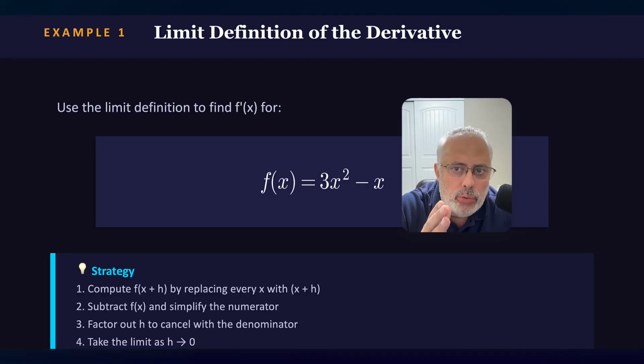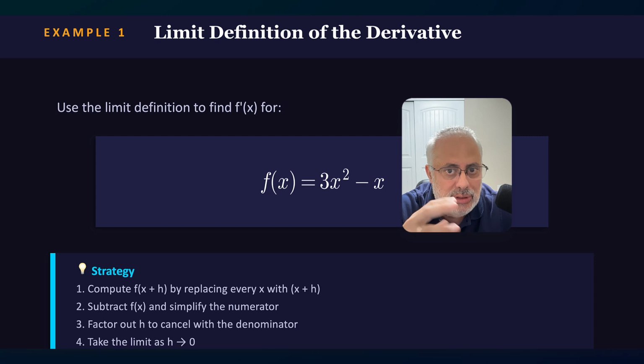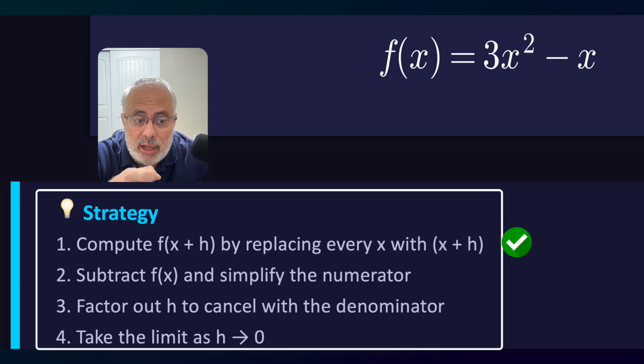Now we know the why. But now is the time to do the how. How can we do it? And the strategy here is simple. Compute f of x plus h by replacing every x with x plus h.